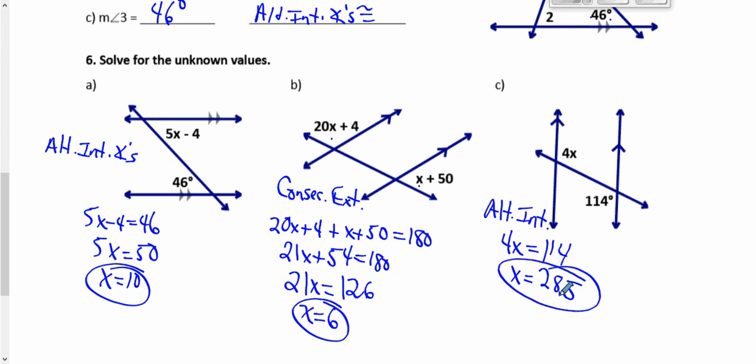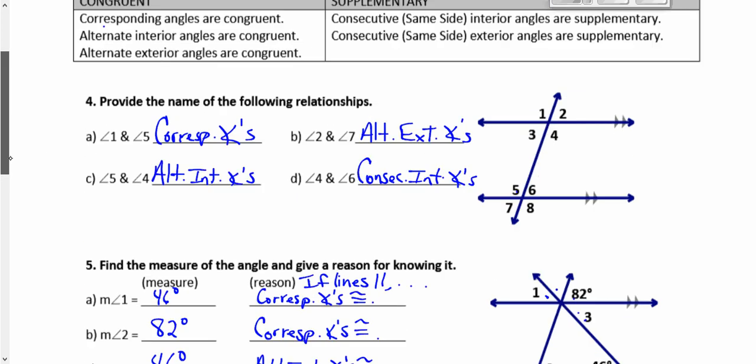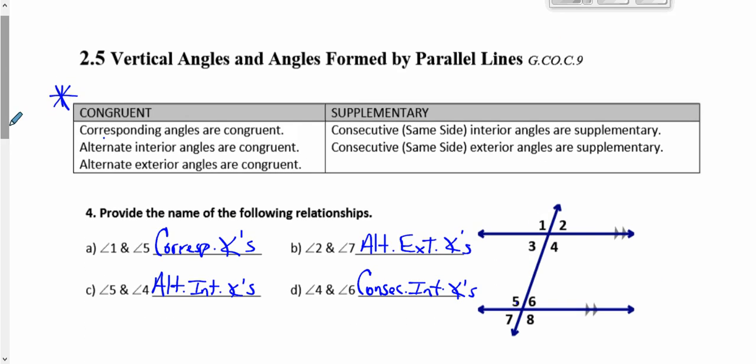Okay, so you've got to know the angle pairs and how they relate if the lines are parallel. They're either going to be congruent or supplementary. And there are quick references right up here on this page you get doing your problem set. Right here's all the congruent pairs. There's all the supplementary pairs. Which ones are alternate interior?